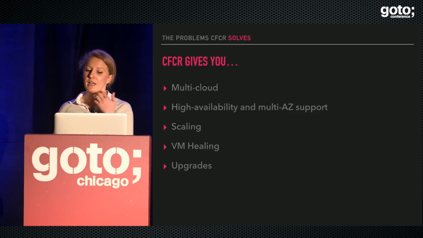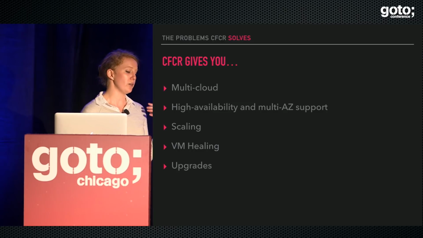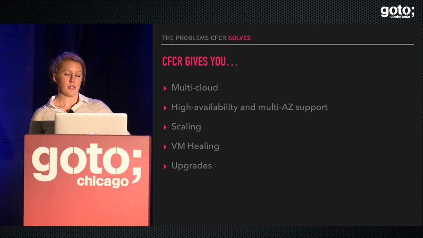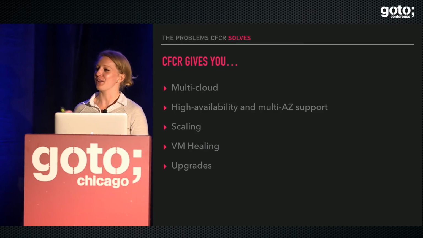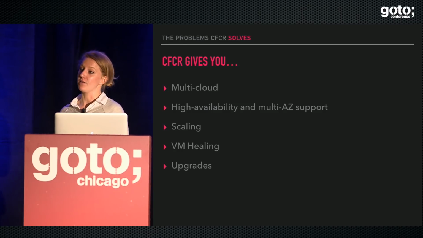Scaling and VM healing. Currently, Kubernetes allows you to scale and will monitor the workloads and the workers that the workloads are running on. But for the masters and your etcd nodes, there's no scaling or VM healing built in for those components.